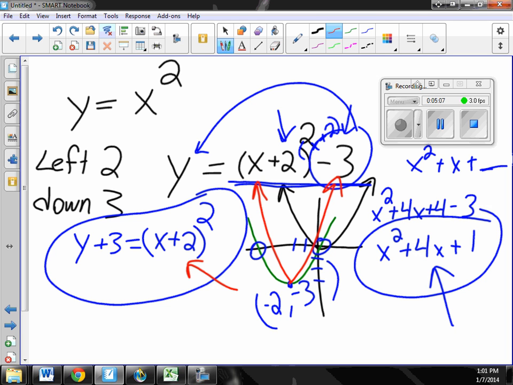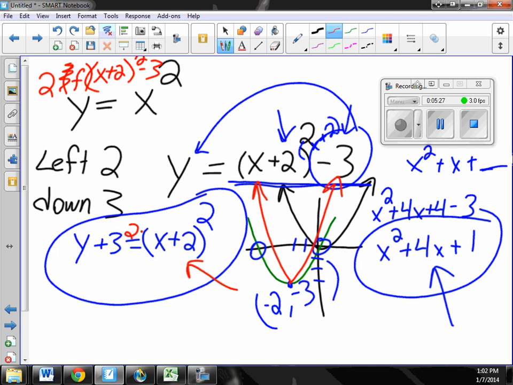We want to stretch it vertically. So it's going to be 2 f of x plus 2 squared minus 3. So we stick a 2 right here.